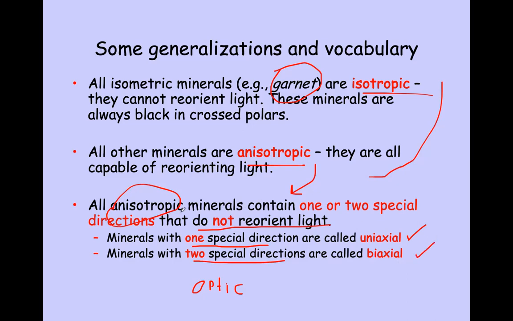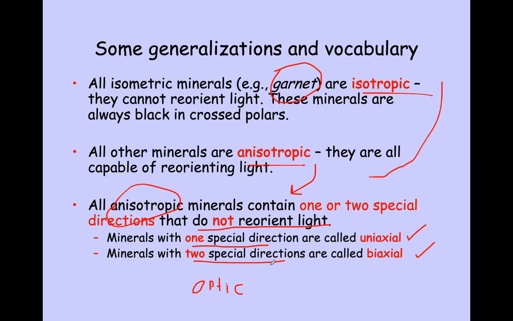Out of anisotropic minerals, we will have one direction which cannot reorient the light. But some minerals have two such directions where they can reorient the light.